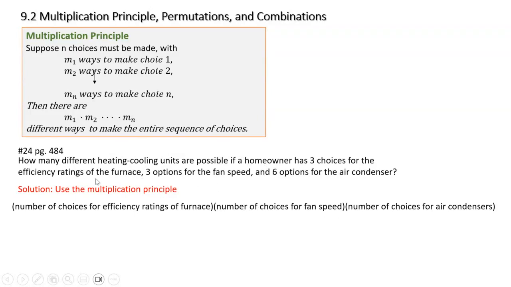And then the number of choices for a fan speed, which was also 3, and the number of choices for the air condenser. So it's going to be 3 times 3 times 6. So the answer will be 54 ways. That's how you use the multiplication principle. So 54 different units are possible.